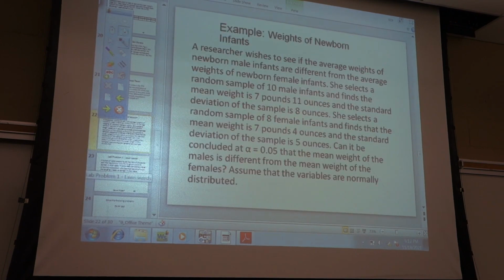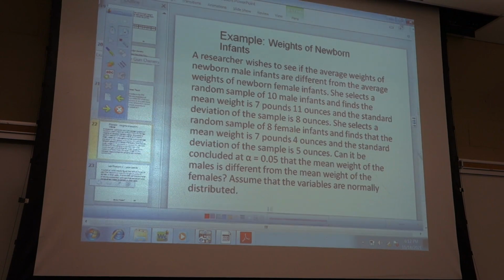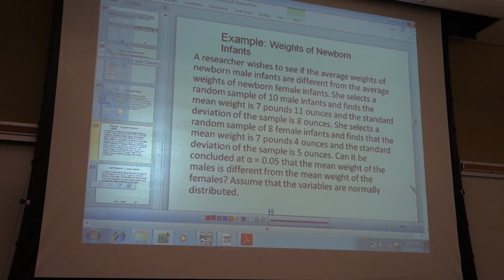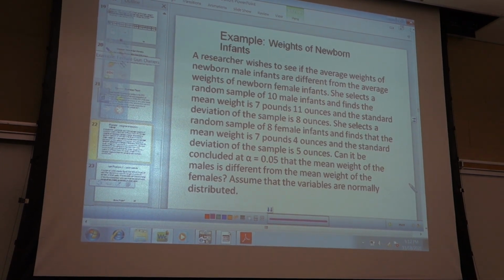We have just a couple more of these. Kayla, if you're volunteering, go ahead and read. A researcher wishes to see if average weights of newborn male infants are different from the average weight of newborn female infants. The mean weight is 7 pounds, 11 ounces, and the standard deviation of the sample is 8 ounces.